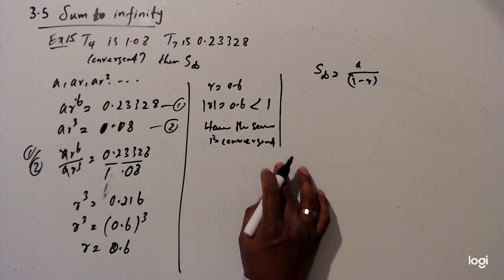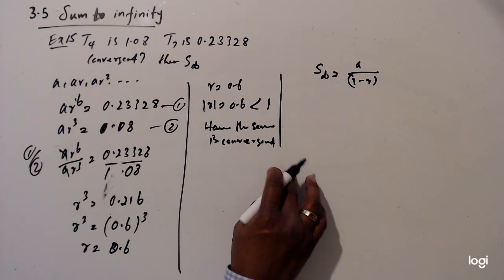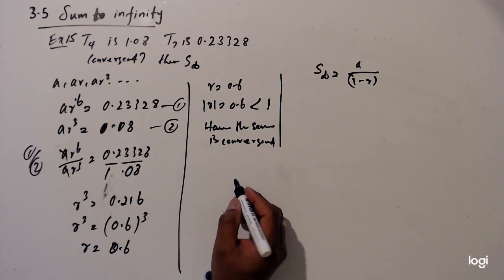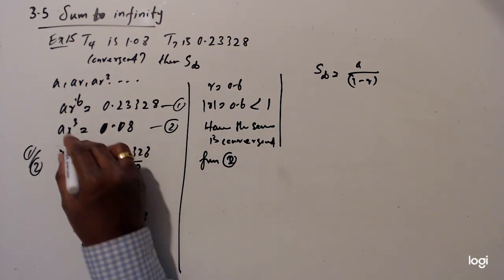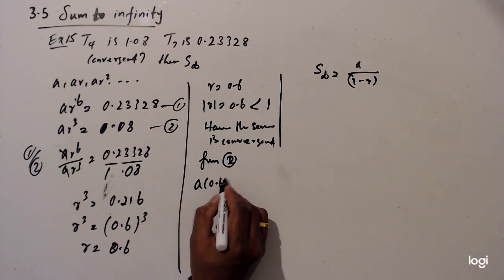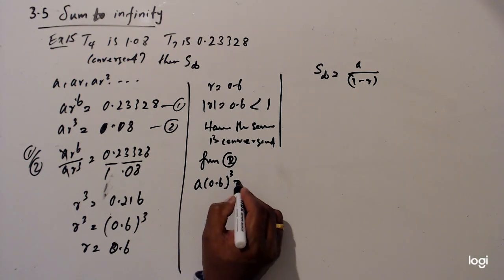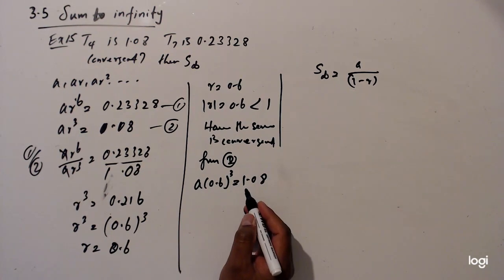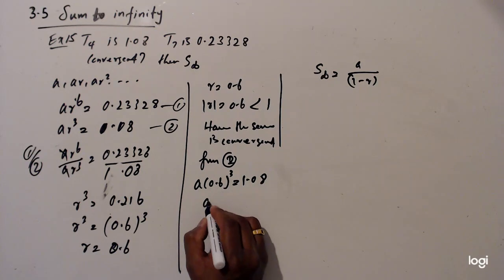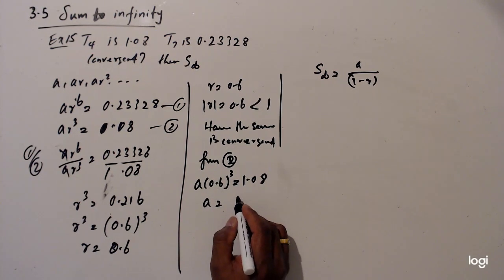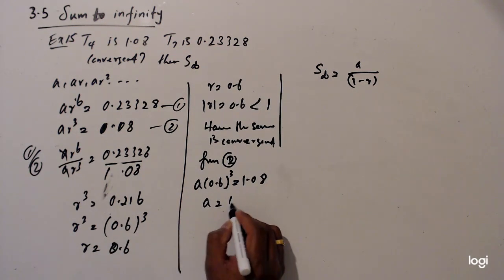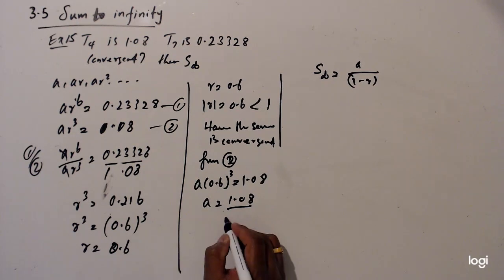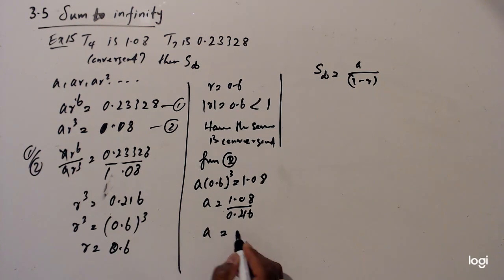Now we need to find a. From 2, a times 0.6 to the power 3 equals 1.08. So a equals 1.08 over 0.216, that is a is 5.